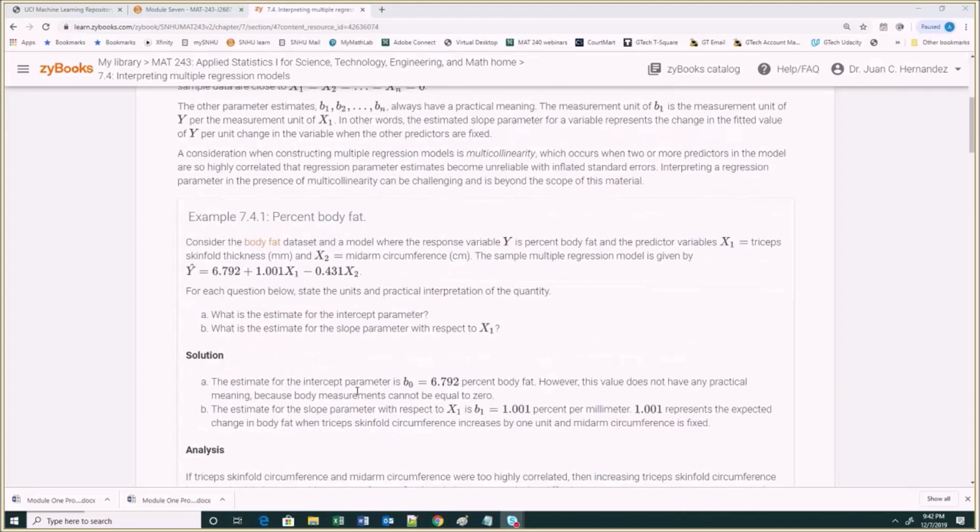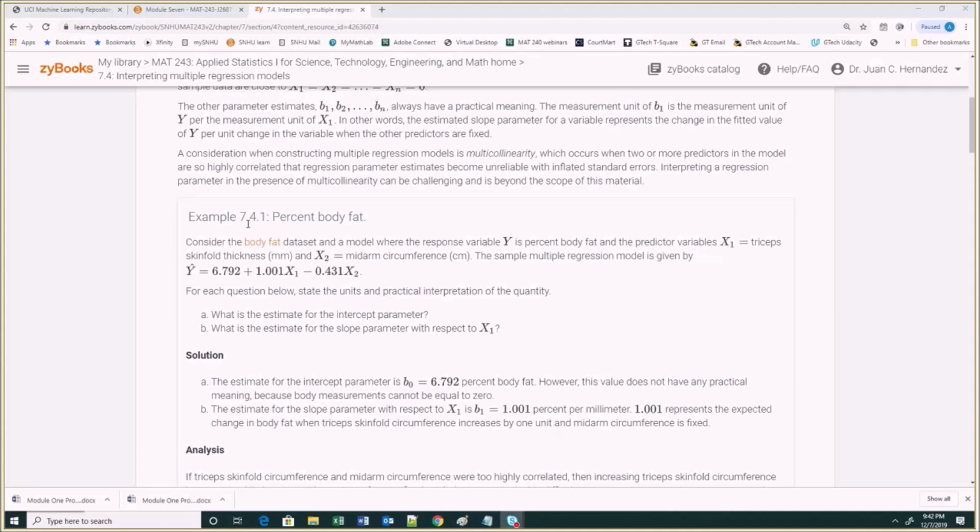All right, so what is the estimate for the intercept parameter? So just like we said, the estimate for the intercept is 6.792. Now, what is its interpretation? So Professor Wan, looking at this multiple regression model, we have 6.792 as the intercept.